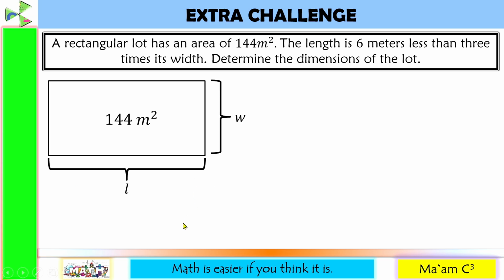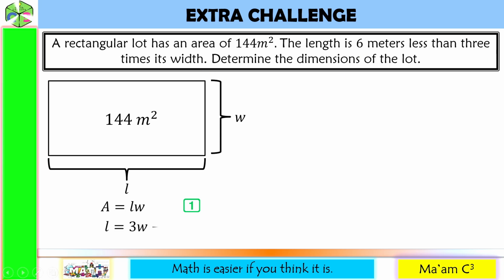We know that the area is equal to length times width, and this will be our equation 1. And from here, we are given that length is 6 meters less than 3 times its width. In formula, that would be 3W minus 6.